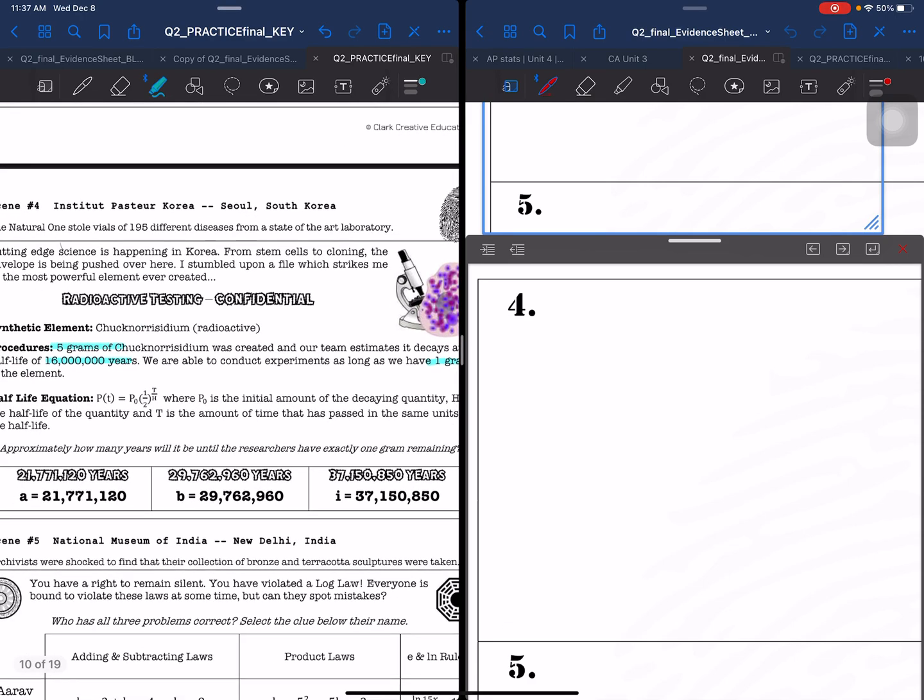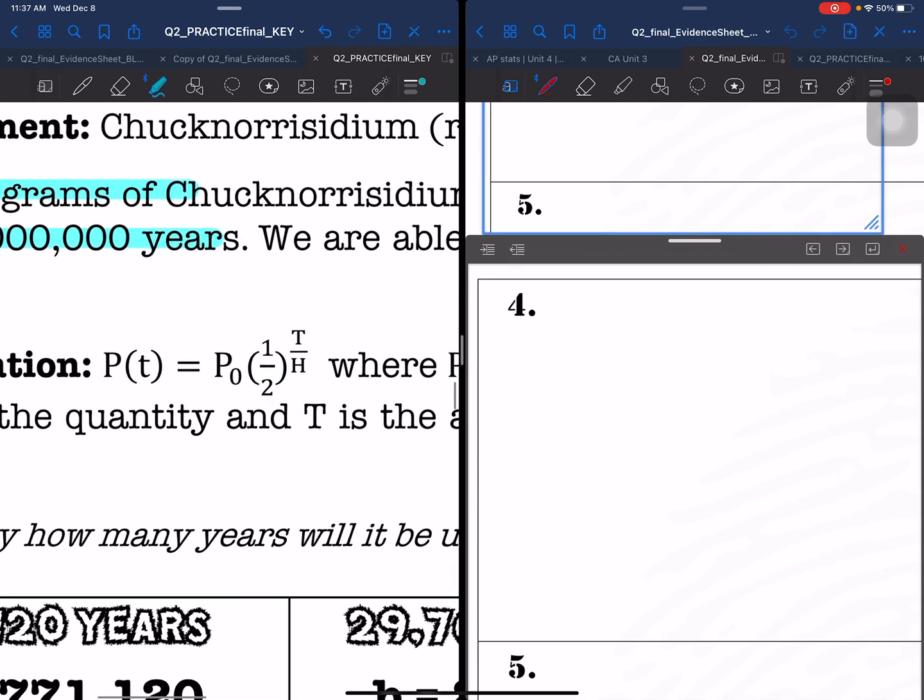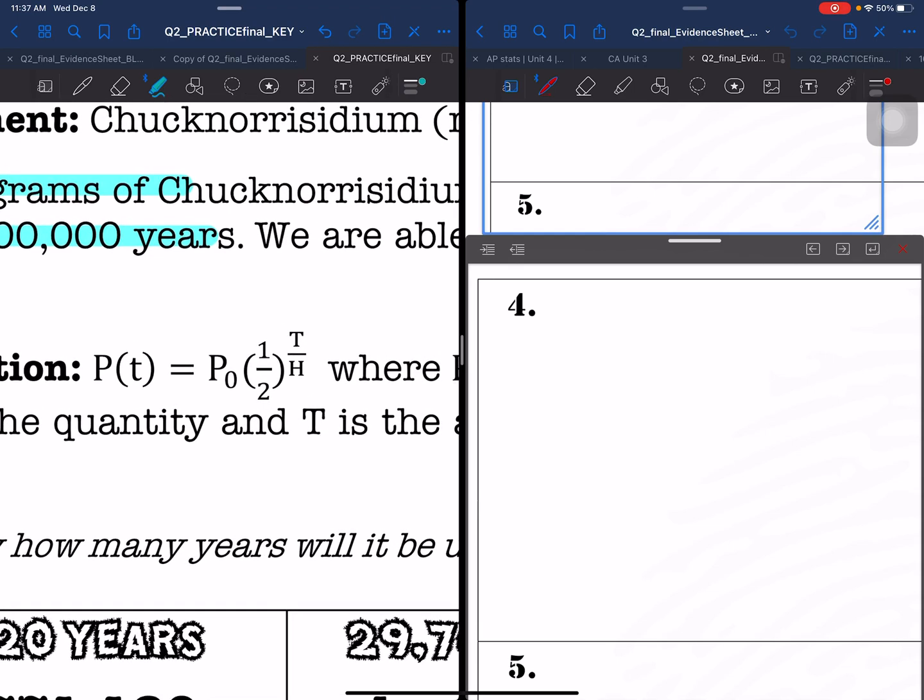The equation we need to use is this puppy right here. The way we match it up is that this is the initial amount, so in this case, that was 5 grams. The final amount is going to be the amount at time t, and that's 1 gram.